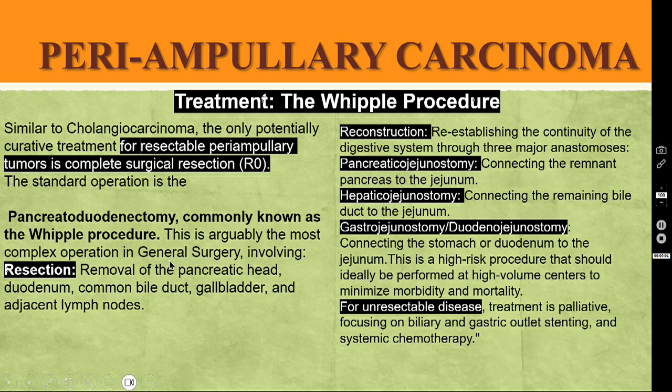All these things should be removed, and we have to do 3 anastomoses: pancreatojejunostomy, hepaticojejunostomy, and then gastrojejunostomy, or if you are doing a pylorus preserving Whipple's operation, then we have to do the duodenojejunostomy.